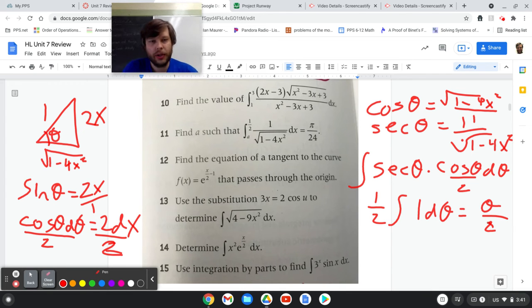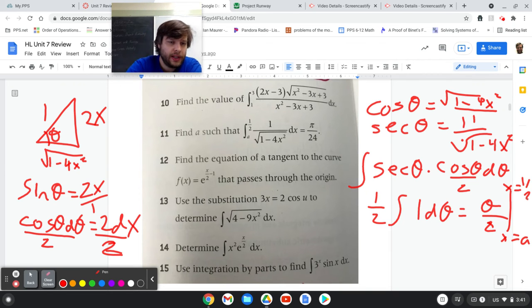A couple options. You can back substitute, or you can rewrite your bounds of integration in terms of theta. Because right now we're going to evaluate theta over 2 from x equals a to x equals 1/2. So let's just solve for theta.